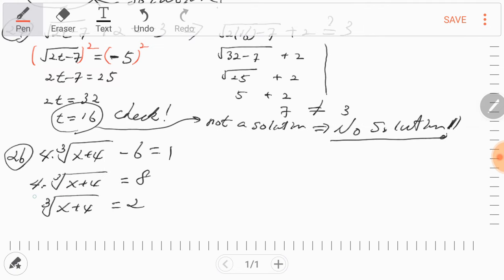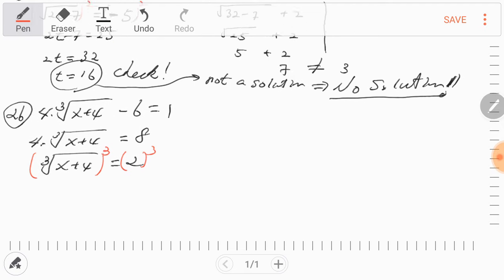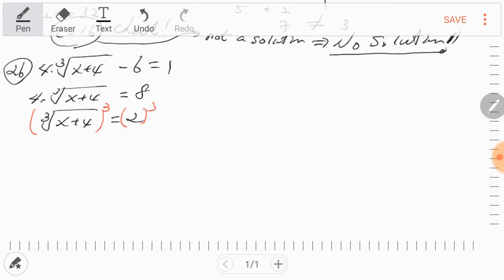Because this is a cube root. So cube each side. And then the left side of the equation is x plus 4, because the index and the power are the same. And the right side is 2 times 2 is 4, 4 times 2 is 8. Then x equals 8 minus 4 on each side, so x equals 4.